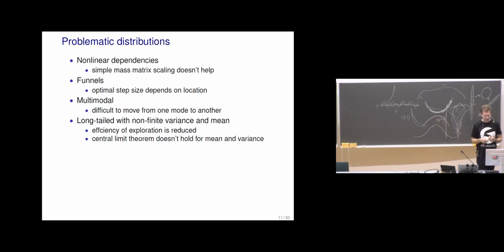There's still reduced efficiency of exploration, for example, for the Cauchy distribution with HMC, but HMC works much better for thick-tailed distributions than, for example, Metropolis. And of course, then we also have difficulties with convergence diagnostics because the central limit theorem doesn't hold for mean and variance. And I mentioned last week that we can go instead to ranks, and that makes it easier.